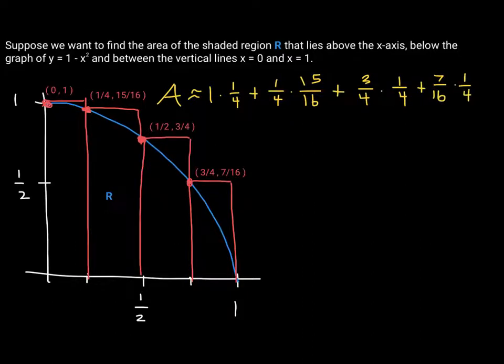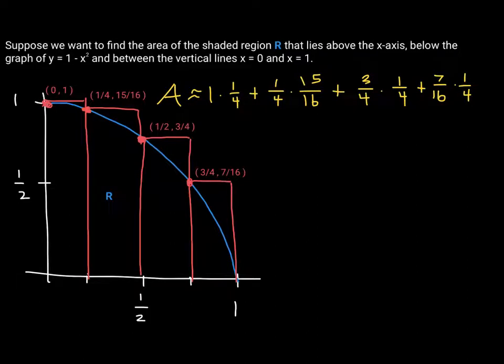So for each one of these, this is the height of the rectangle times the base. I guess these should be turned around, but thankfully, multiplication is commutative, right? The order in which we multiply doesn't change our product. But this is the height times the base.